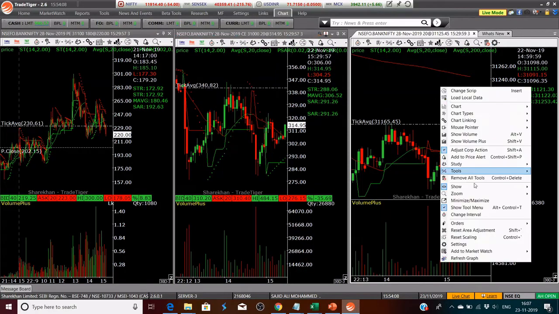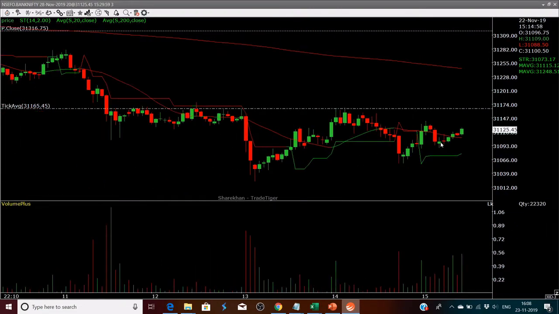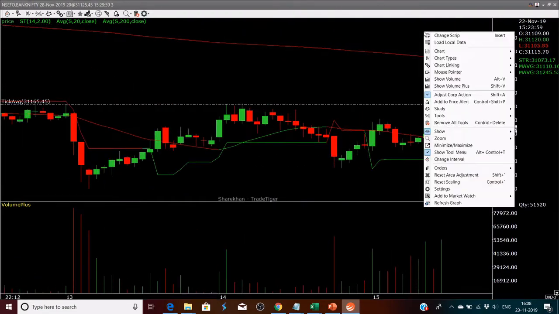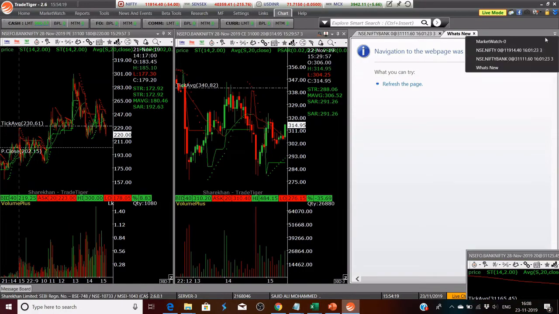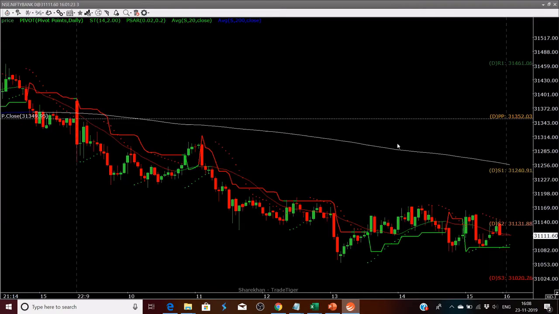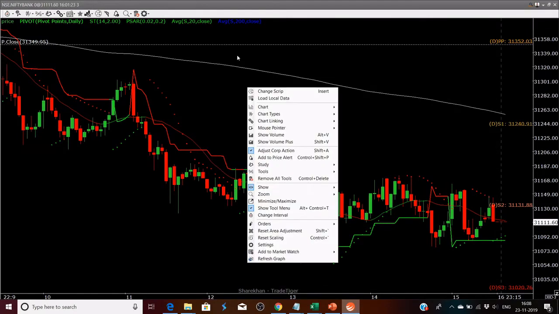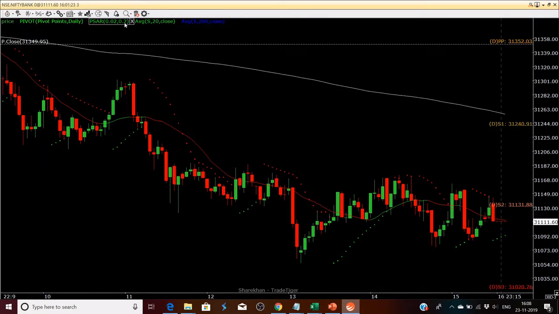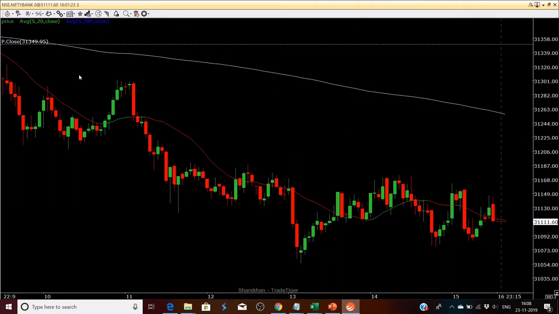Let me maximize this and show you this spot chart. Let's get rid of all these things and just keep the 20 and 200 moving averages and identify these candlestick patterns.